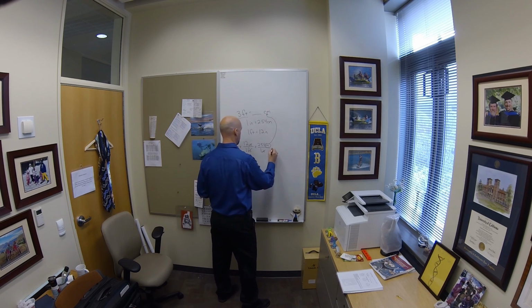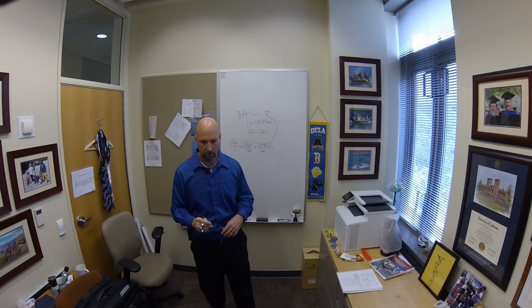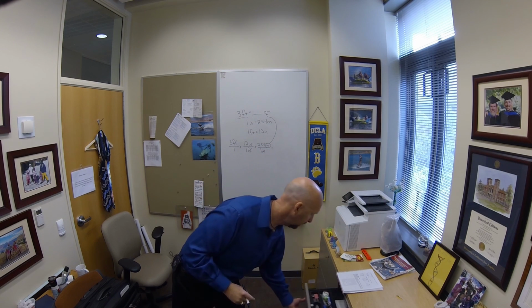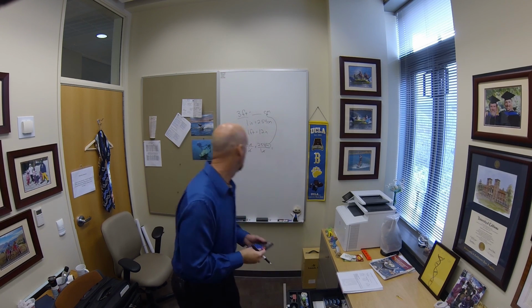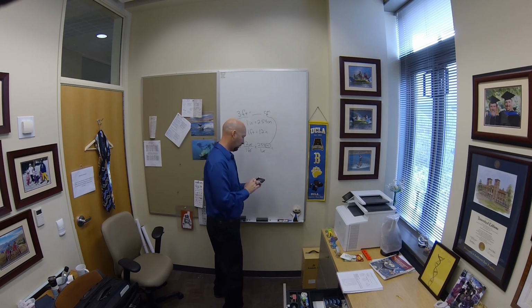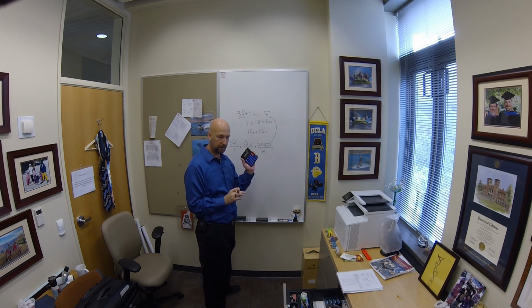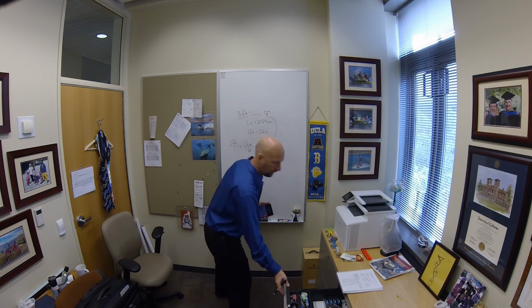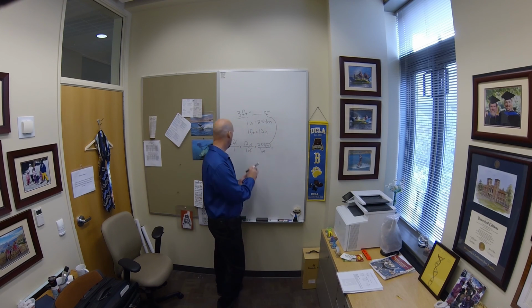Now all I need to do is the math. I should have had this out already, but I'm going to pull out my basic calculator. This is not a scientific calculator. There's only ones on the bottom, so I can basically ignore the bottom of the equation and multiply the top.